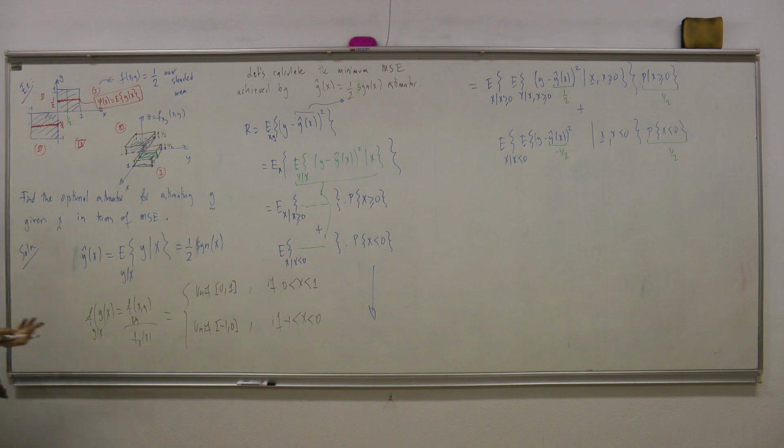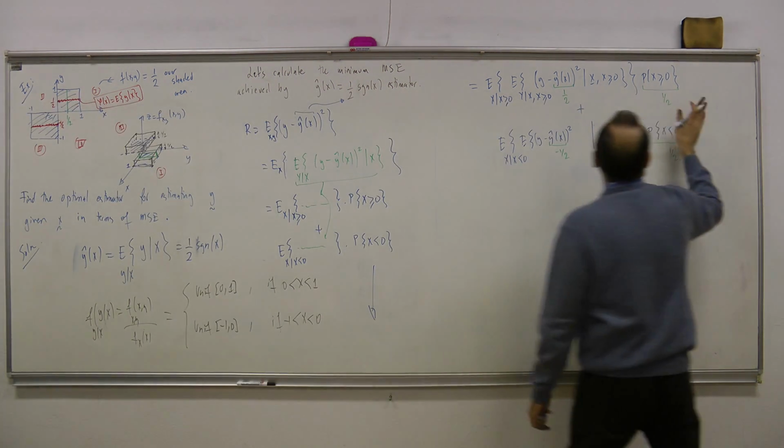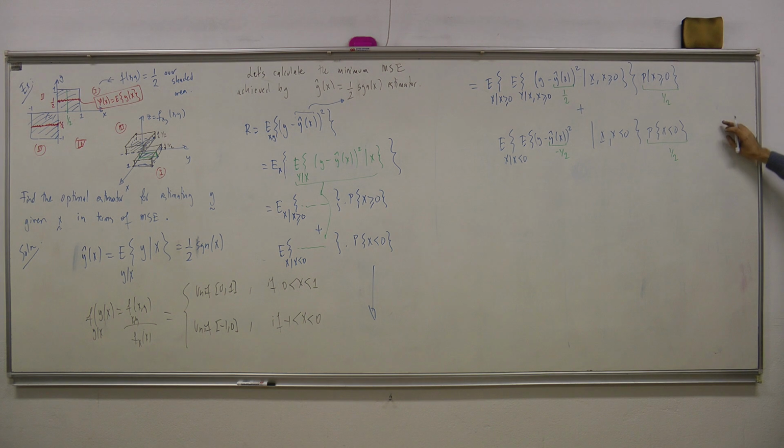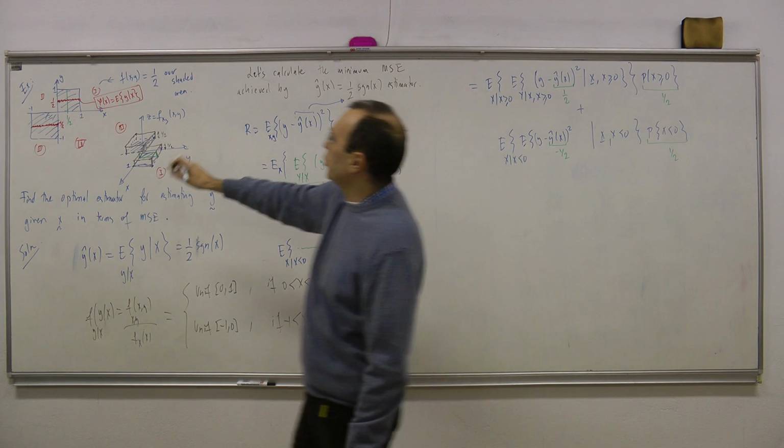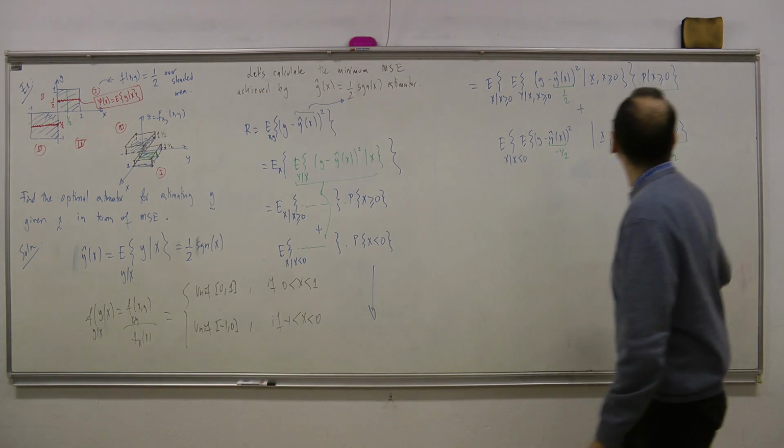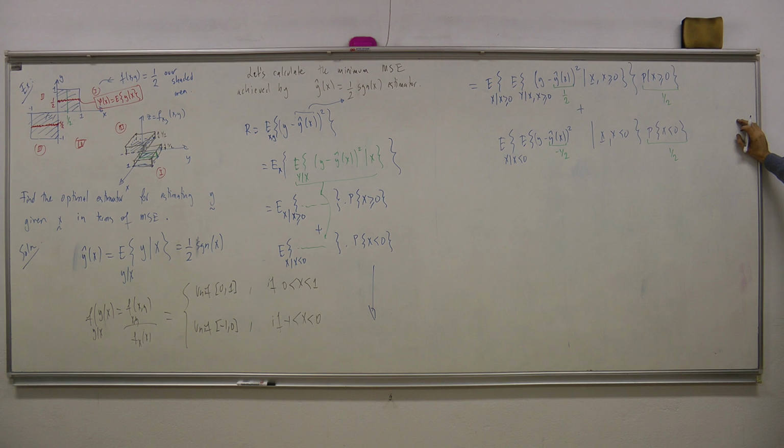Or from the symmetry, you can say that this is equal to 1/2. This is also equal to 1/2. So x greater than 0 or less than 0 have the same probability because of the uniform distribution, or just from the symmetry. If I replace x with minus x in this problem, nothing changes. So the sign is inconsequential. So I have 1 over 2 over here.